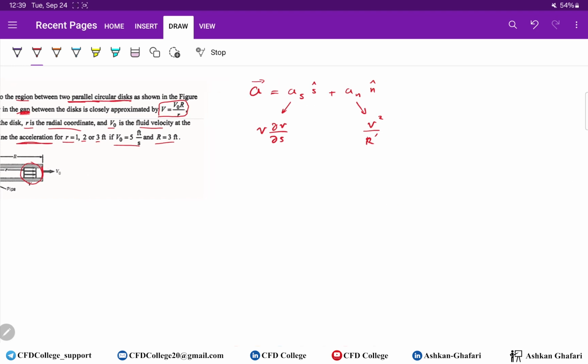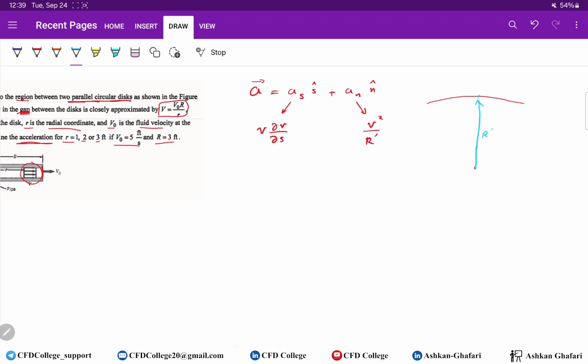For example, if this is a streamline, it's a curvature. Here is, for example, the center of this arc, of this curvature. This point, this is r prime.